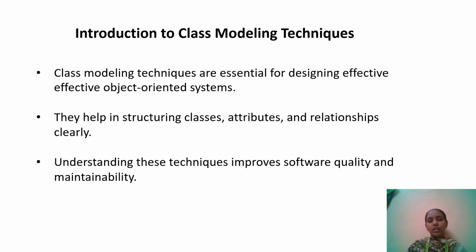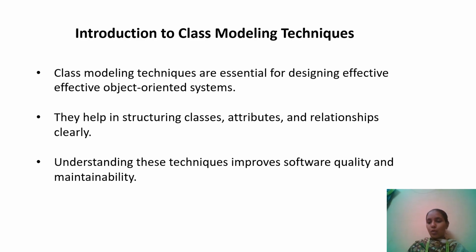We know about class modeling techniques. These class modeling techniques are most commonly used in UML. UML is Unified Modeling Language, and it involves creating a visual representation of a system's static structure, focusing on identifying the classes, their attributes and properties.